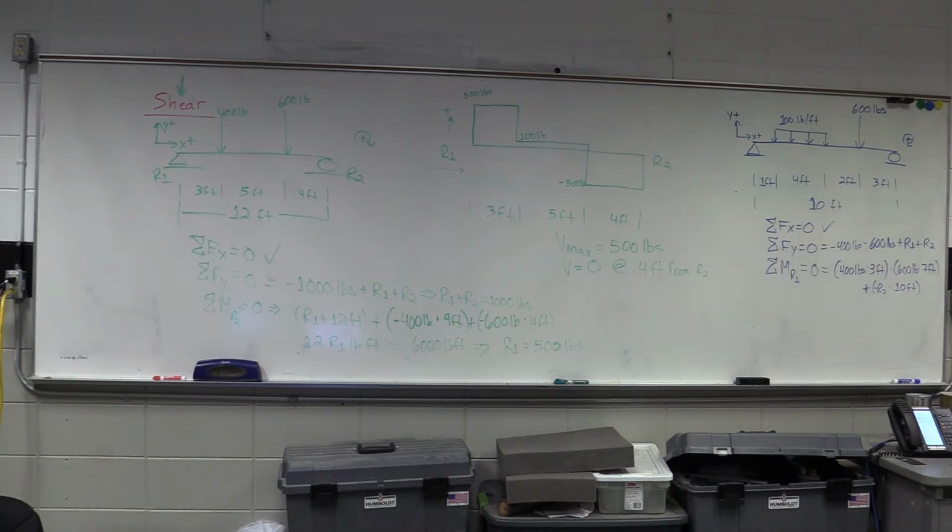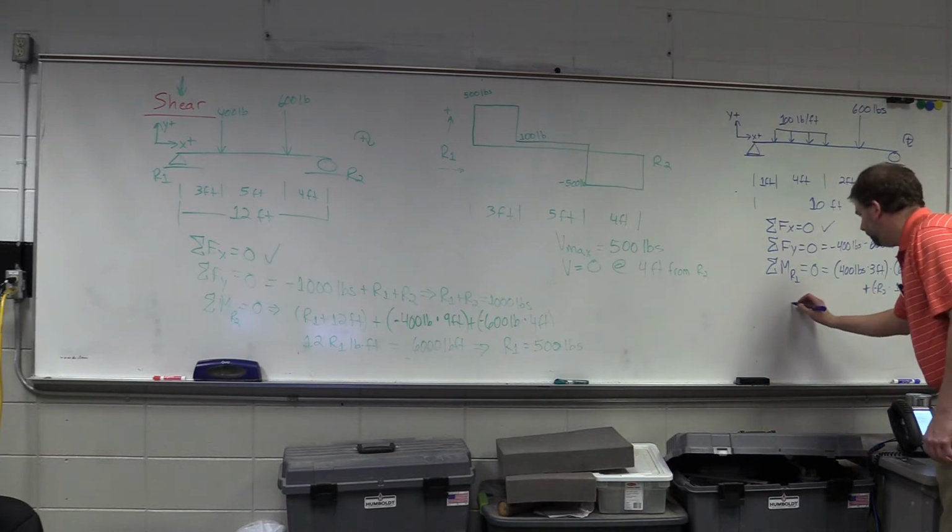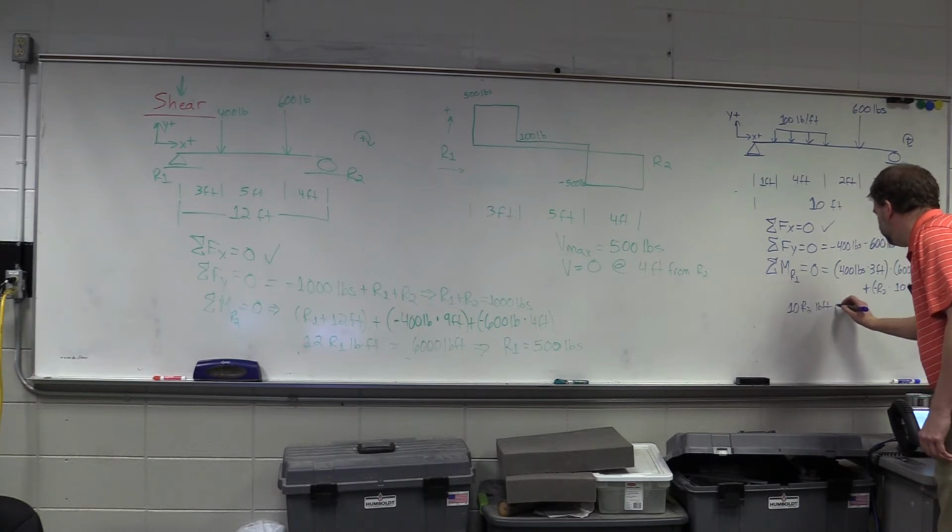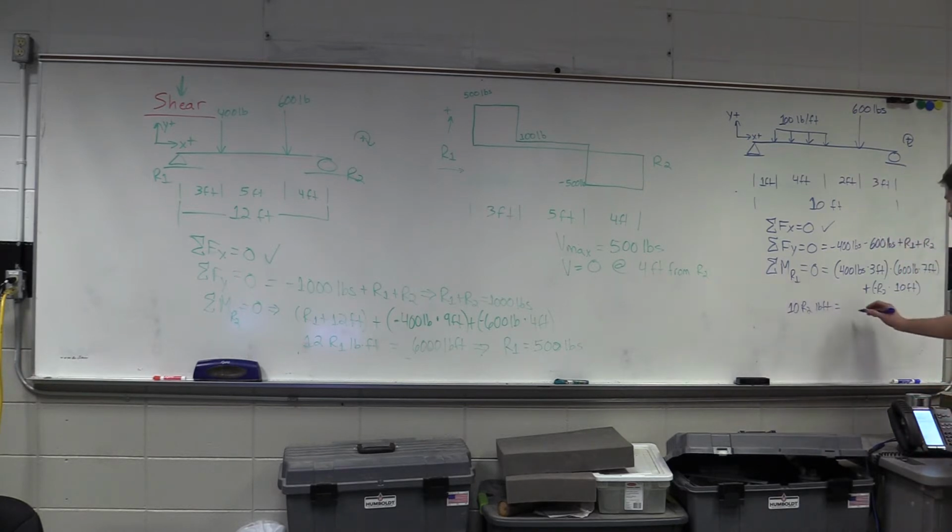If our convention is that positive rotate, or sorry, clockwise rotation is positive. So 10 R2 pound-feet equals 5,400 pound-feet, right? 1,200, 4,200.